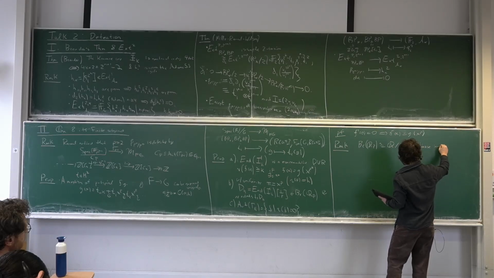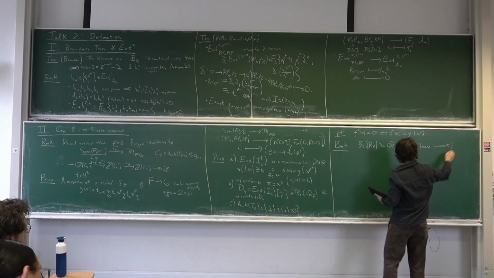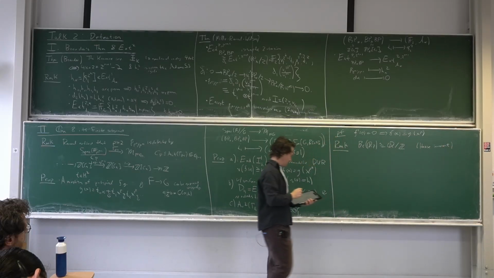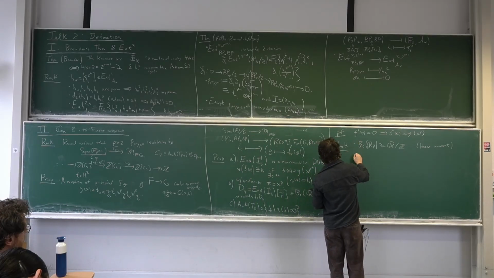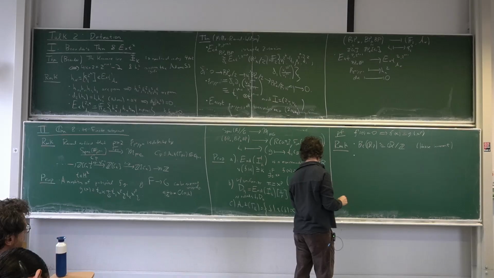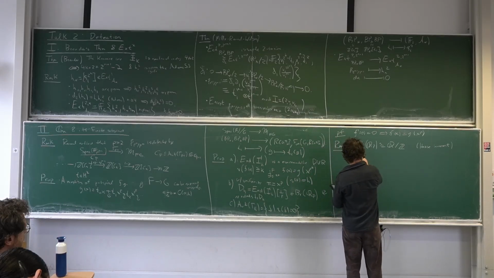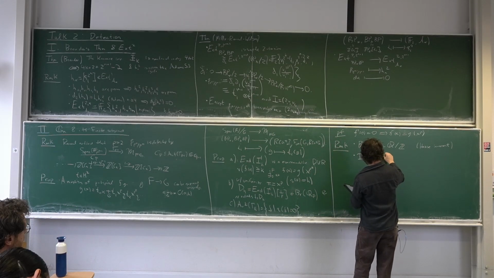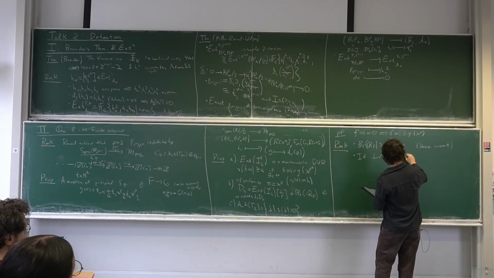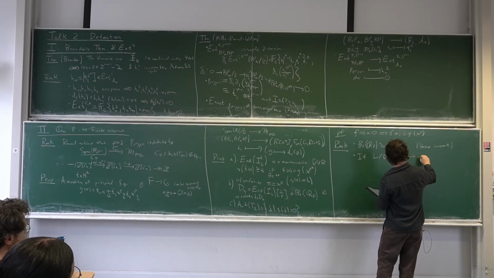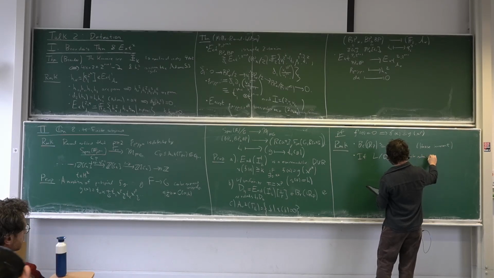And this isomorphism is via something called the Hasse invariant. I won't need anything about that, but let me just state some useful facts in this world that we will use. So let's suppose we have any finite extension of Q_p.